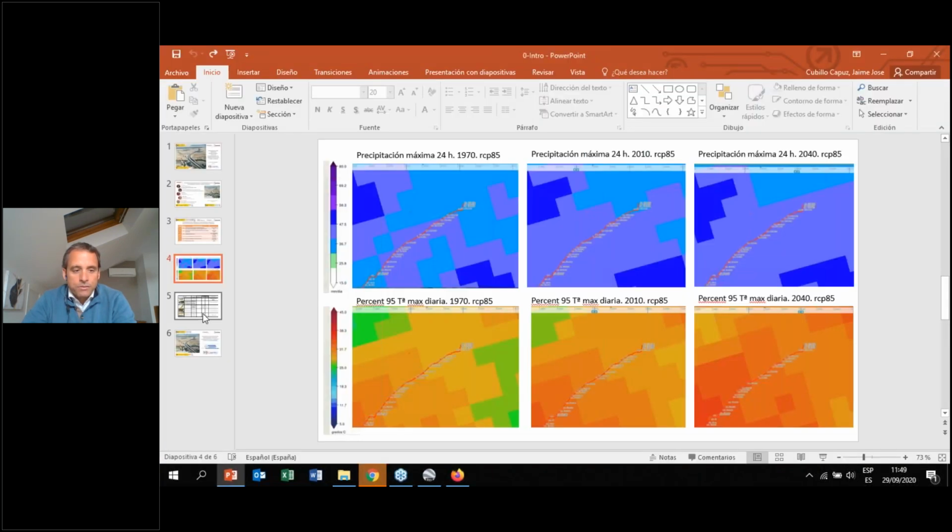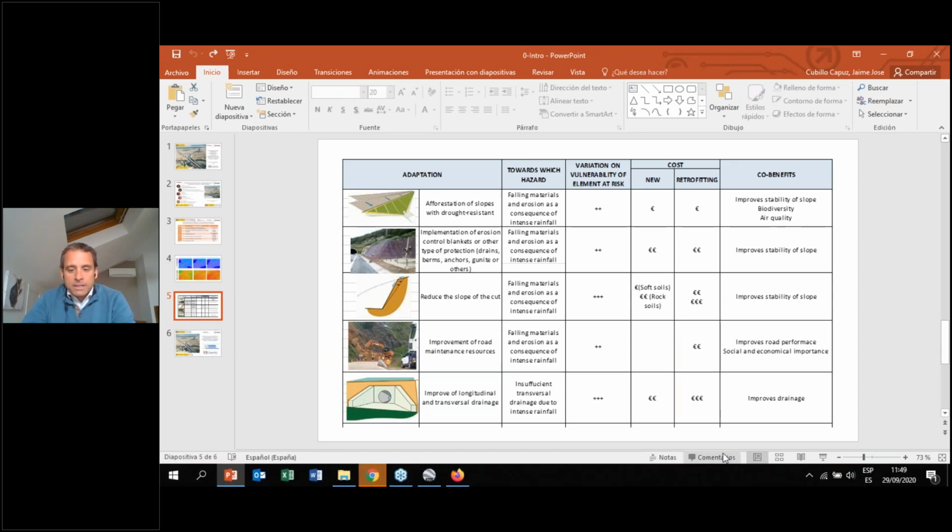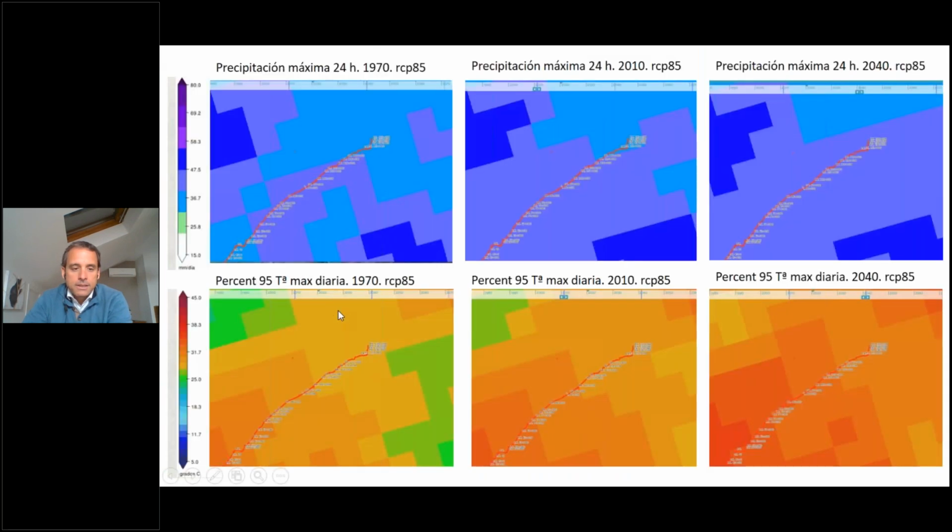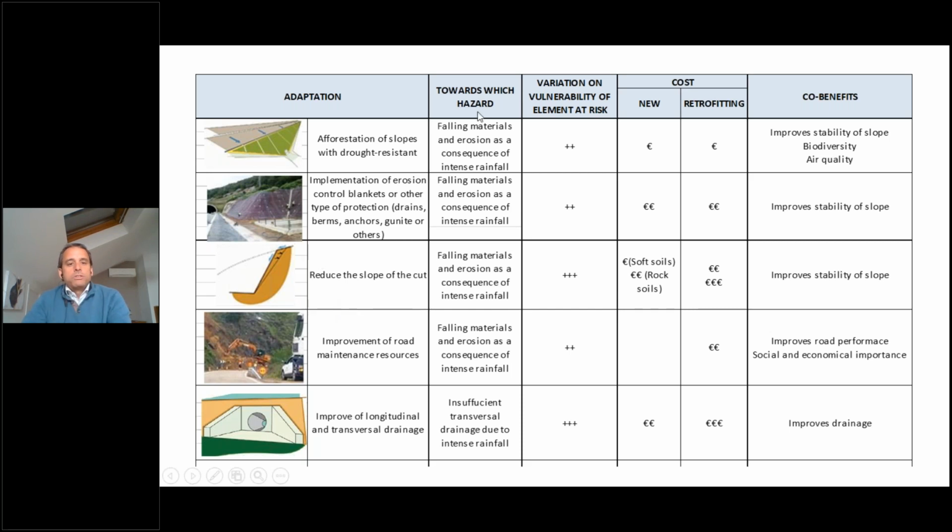And in this case, for the traffic issue, we are working on incorporating into the system different adaptation options according to the identified problems regarding slopes, drainage incapacity, and mainly those types of problems identified in this highway track infrastructure.